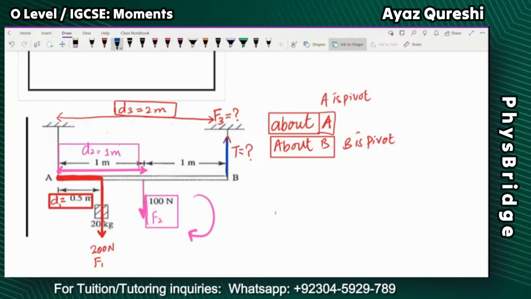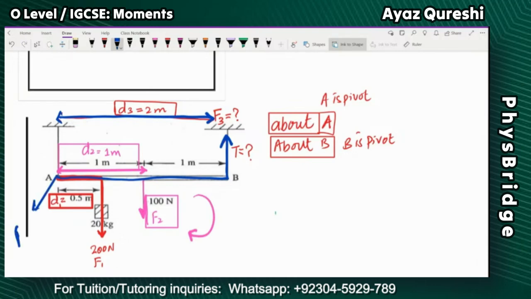And the distance from pivot to this blue force is this much. So I consider it D3. I have mentioned that here, that is your D3. D1 is the distance from the pivot. I mentioned that this is my pivot. Point A is my pivot.